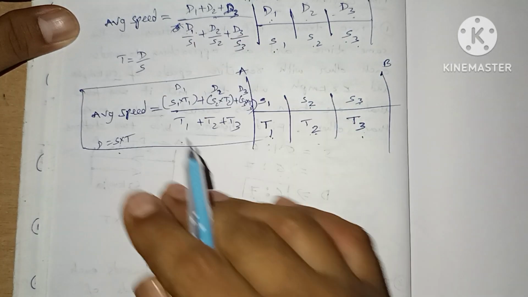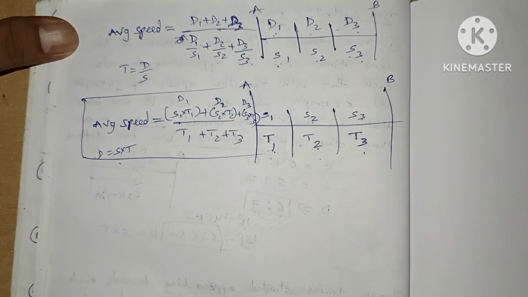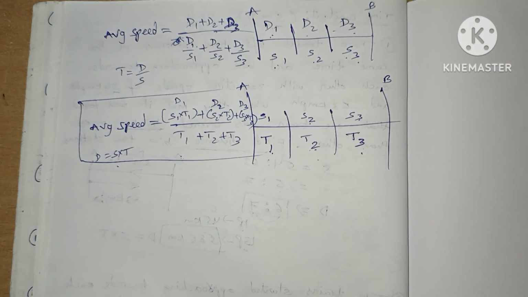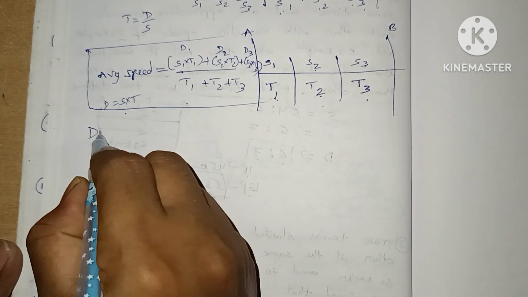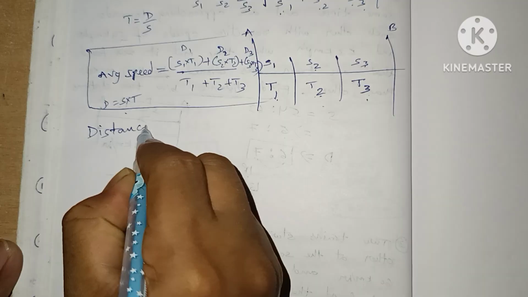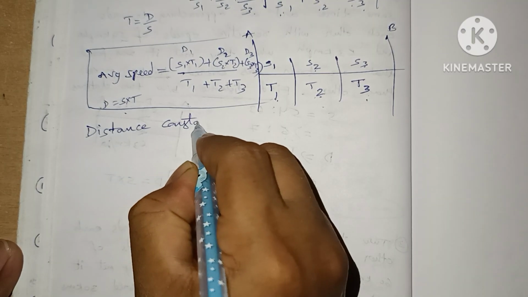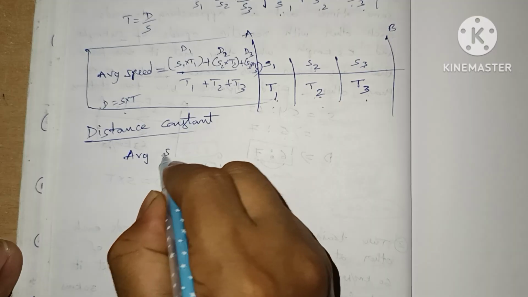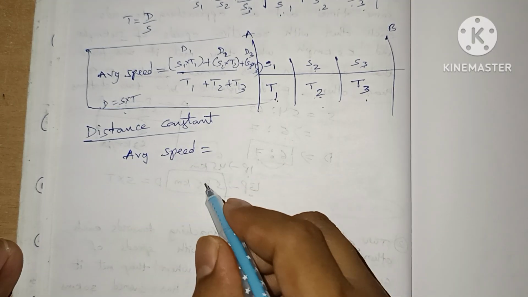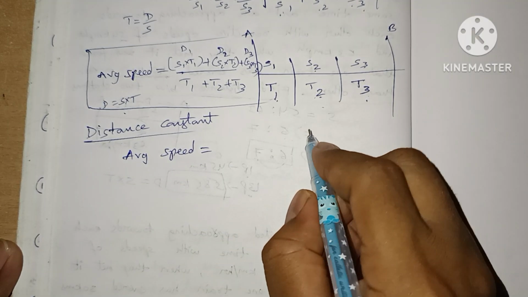This is the average speed formula for this type of question. So we have three types of questions we got. Now we have a formula for the case where the distance is constant. Let's see with an example.